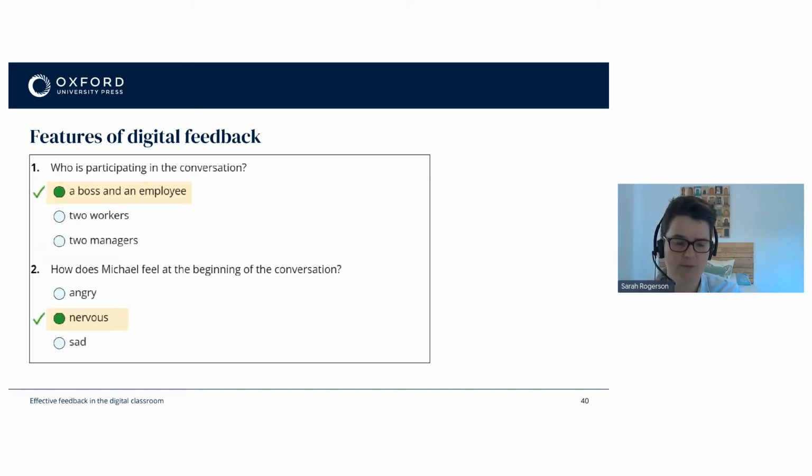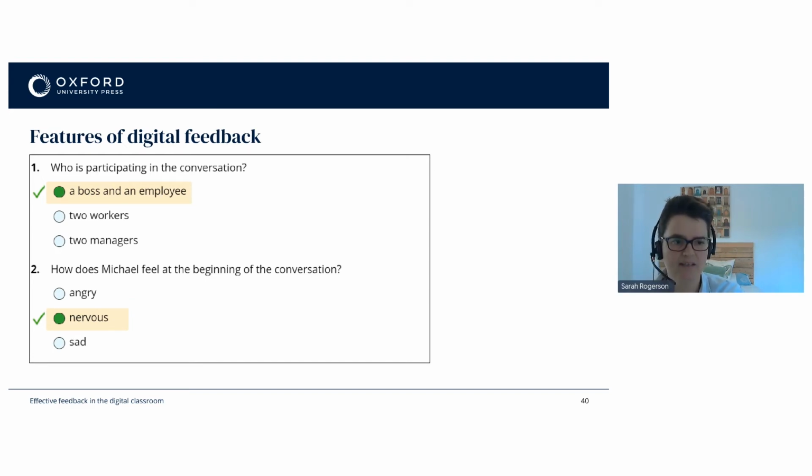Let's look at another example. This is what I was talking about being time saving. No point you marking a multiple choice question. If you can get your questions in a quiz tool, there's no point you marking them ever again. It will save you a lot of time. And also what's really good about lots of tools with multiple choice questions is you can also say why an answer is wrong.